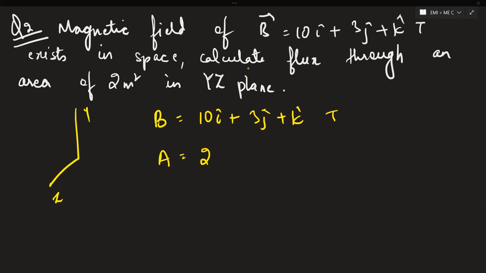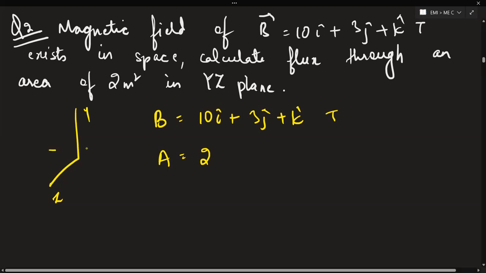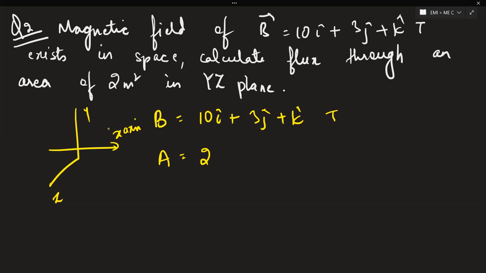If the plane is kept in the YZ plane, then the perpendicular to the YZ plane will lead you towards which unit vector? Yes, Fatima, correct. Kulsum, right? I cap. Obviously, it will be I cap. The perpendicular to the YZ plane is towards the X axis.